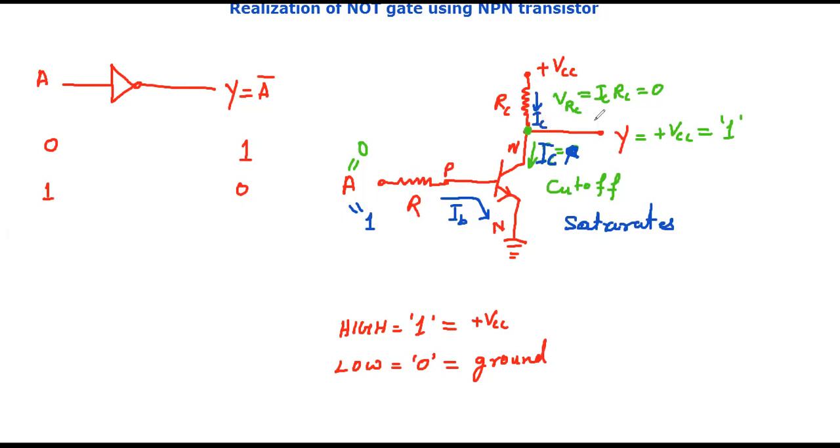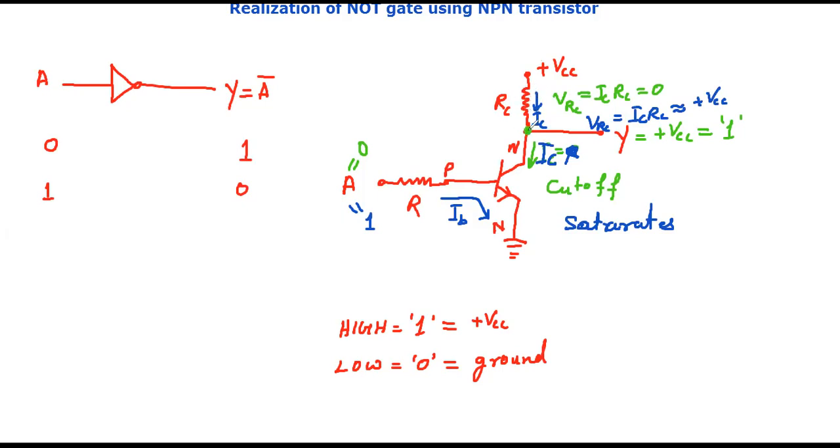According to Ohm's law, the voltage drop across this resistance RC is IC into RC. This is almost equal to plus VCC. That means whatever supply voltage we have fed, the whole voltage is dropped across RC.